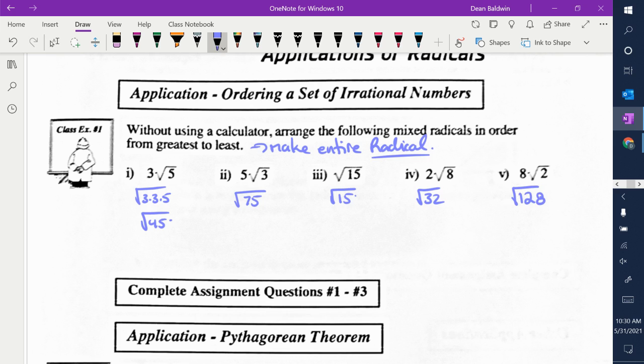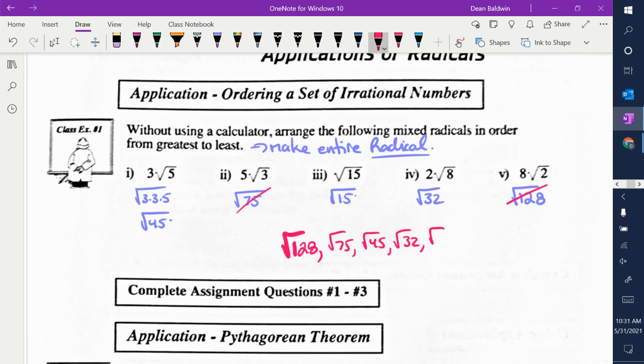Okay, so now they're all under the same radical sign. They're all square roots. So you just look at the largest number. Which one is the highest? Root 128. Next one is root 75. Root 45.